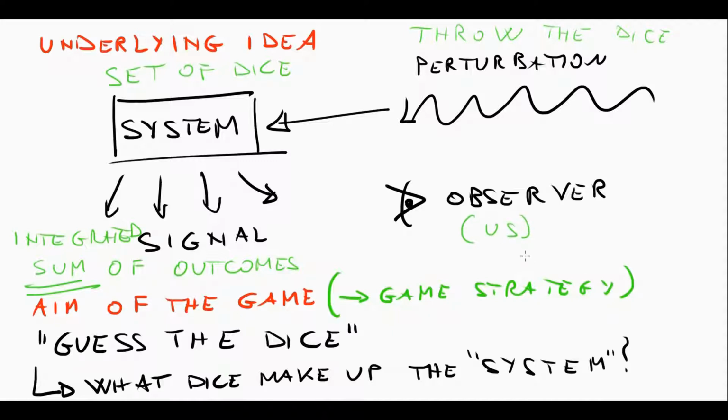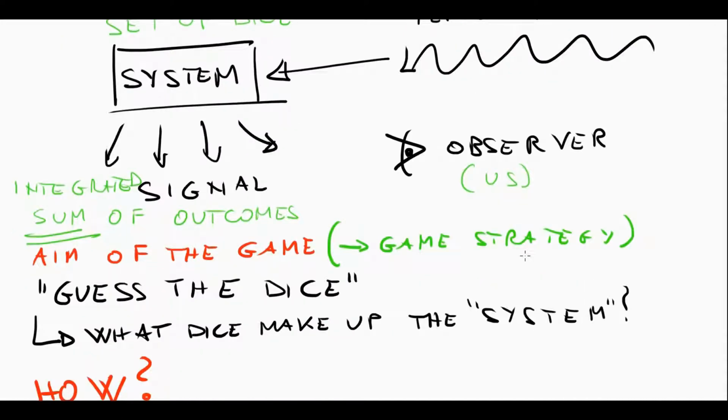So, what's the aim of the game as regards the game strategy? We have to guess the dice, essentially. Guess the dice is our task. What dice make up the system? This is the question that we have to answer.